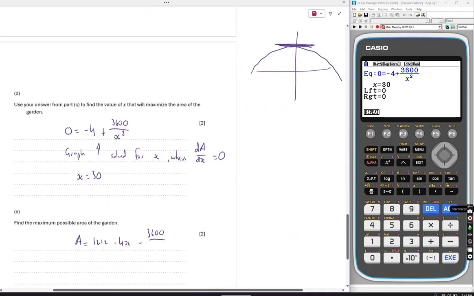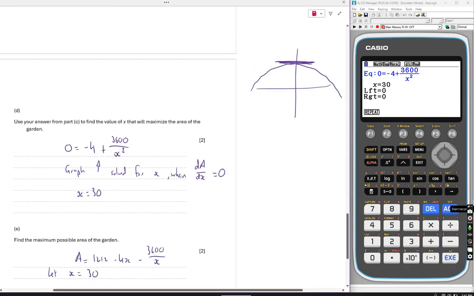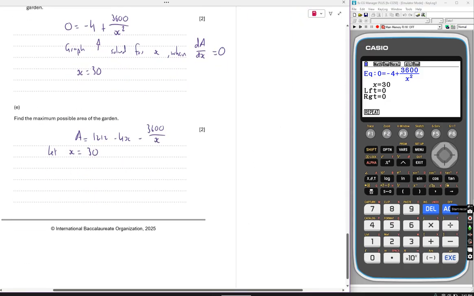It was just x over x. Okay, let's let x equal 30, because we just figured out that the maximum area occurs when x is 30.